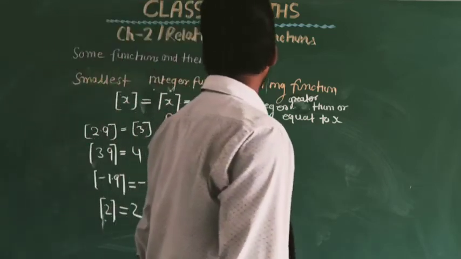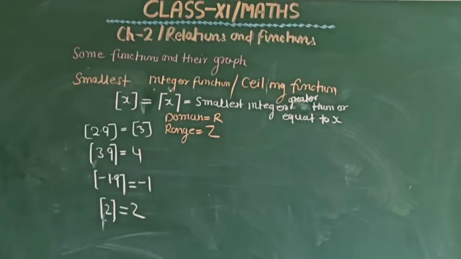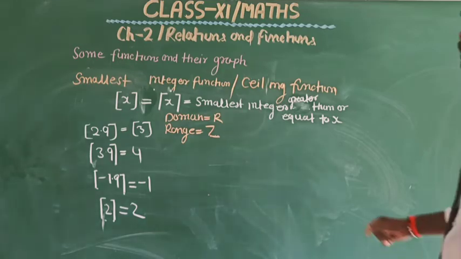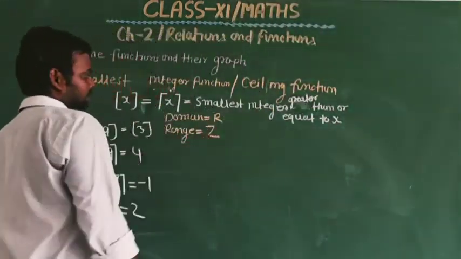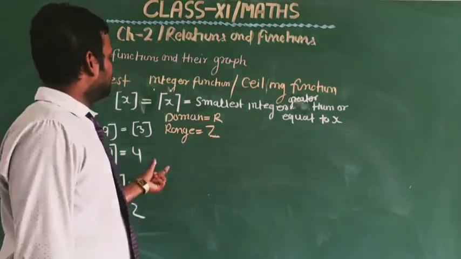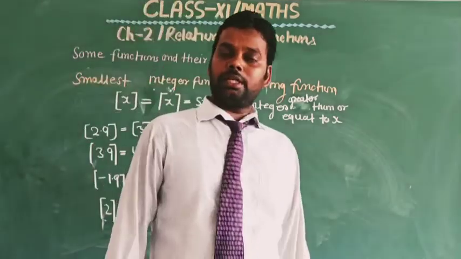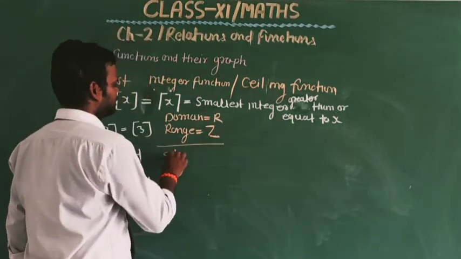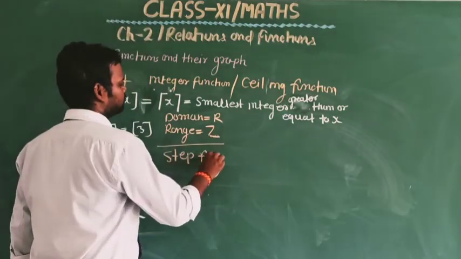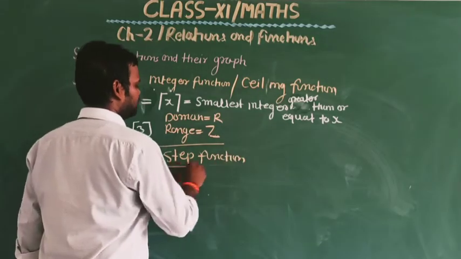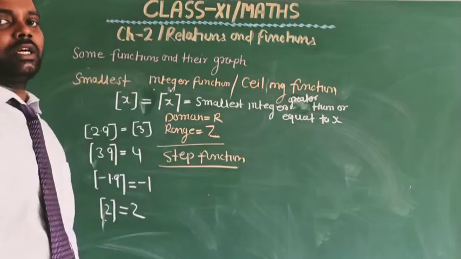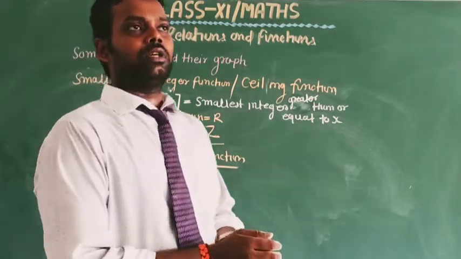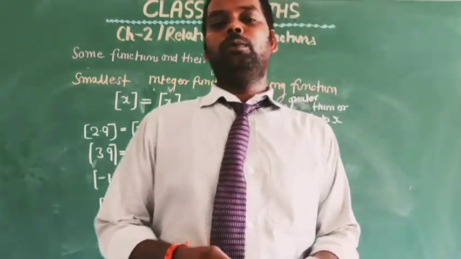Okay, the domain of the smallest integer function is the real numbers and the range is the integers, and the smallest integer function and the greatest integer function are also called step functions. And similarly we have to draw the graph like the greatest integer function. So I hope we will do it. Okay.